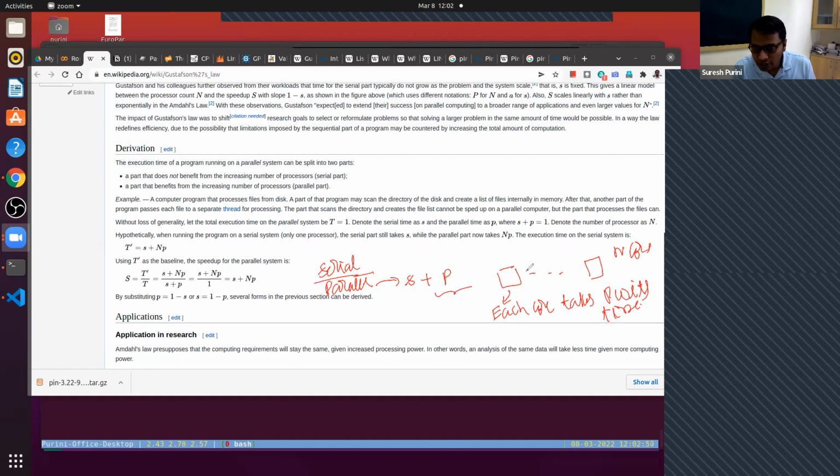But if you do this on a serial machine, the total amount of work that needs to be done is S plus NP, because there are n cores working in parallel. So the total time taken is S plus NP.